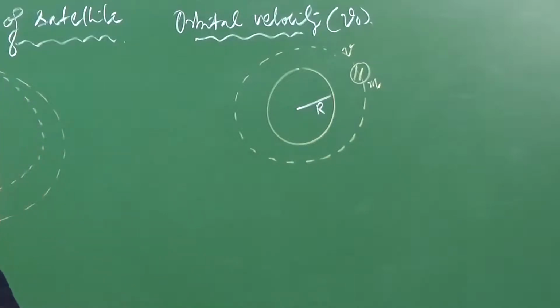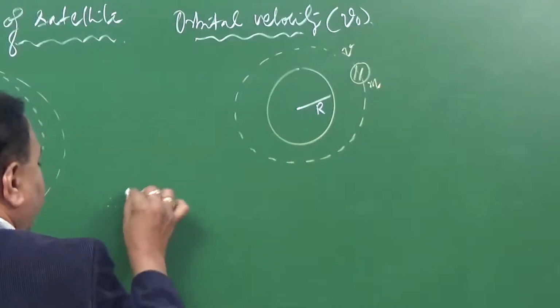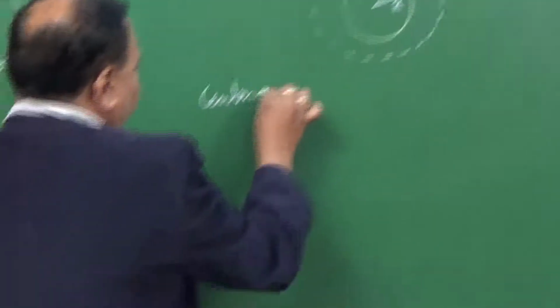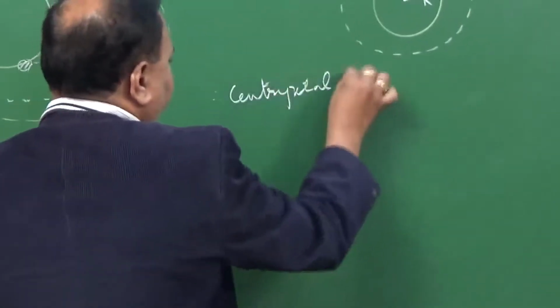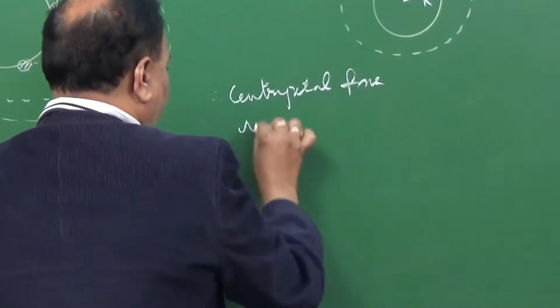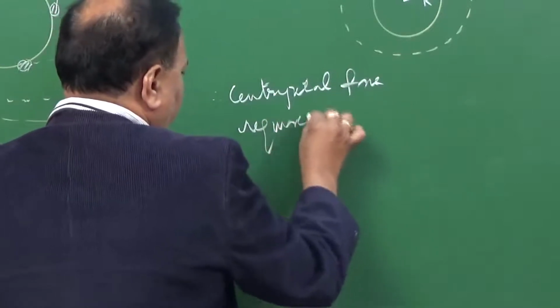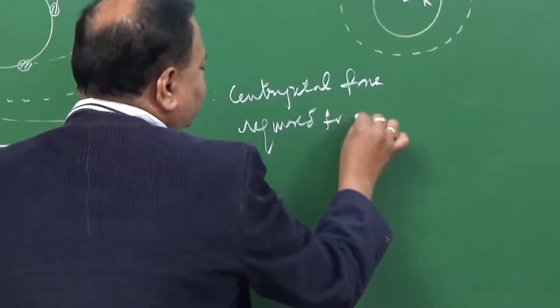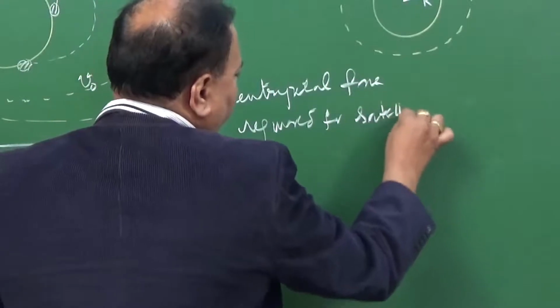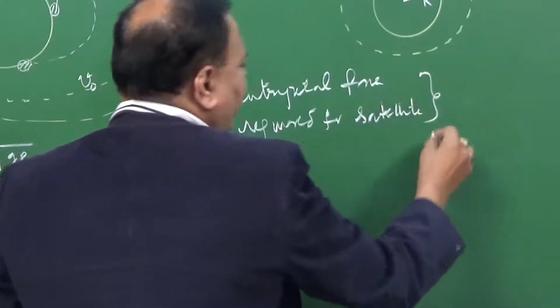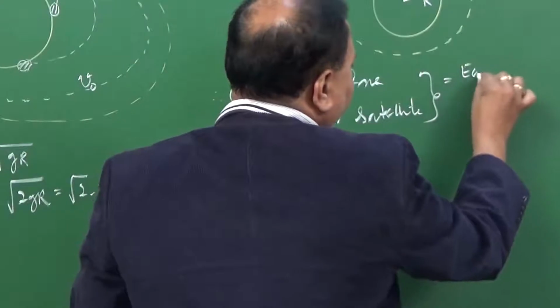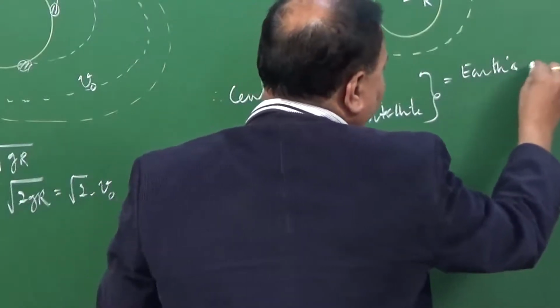That gravitational force would provide the centripetal force. Therefore, what's the principle of orbital velocity? You should say that the centripetal force required for the satellite is provided by Earth's gravitational force.